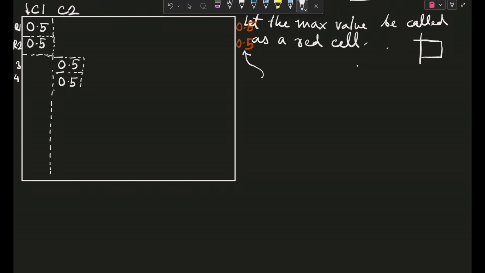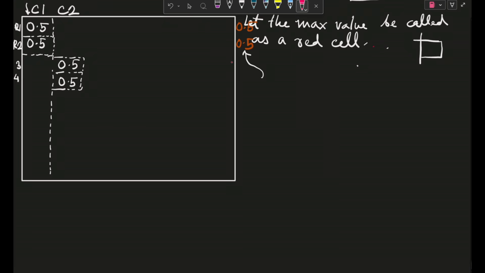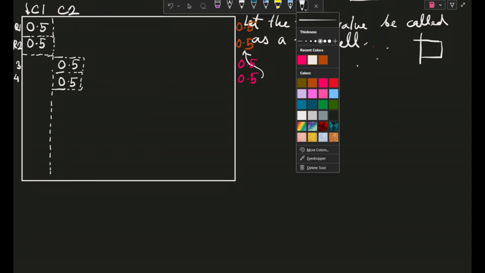Now if you see carefully, C2 is summing up to 1, but for R3 and R4, the second place is occupied with 0.5, but the first place and the third to 2025th places are all empty. So they have to be filled with values once again such that they sum up to 0.5. I guess now it's clear to you.